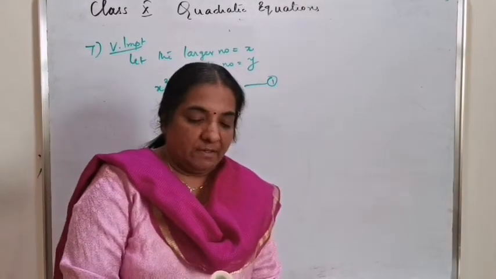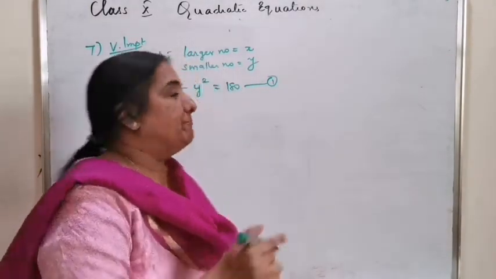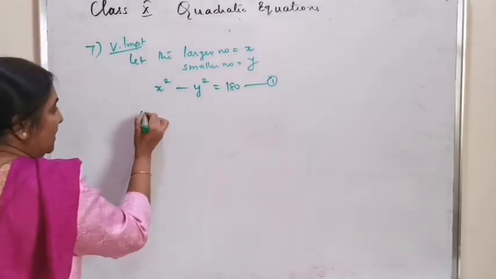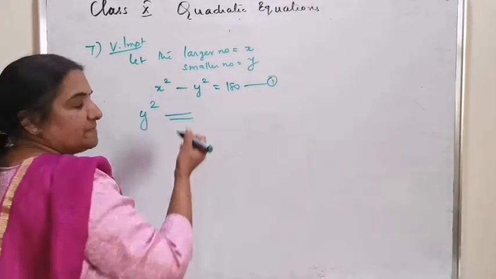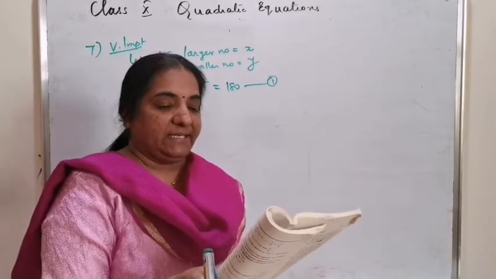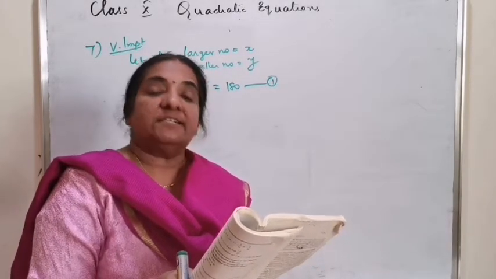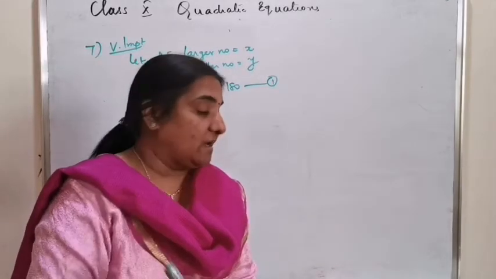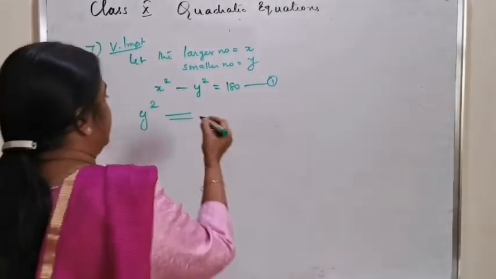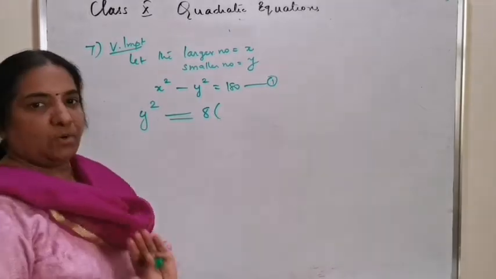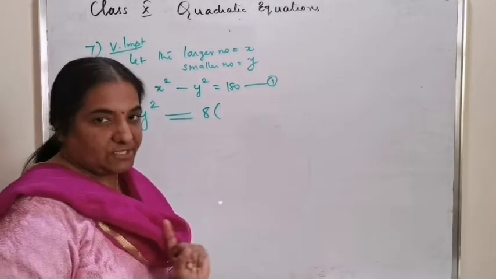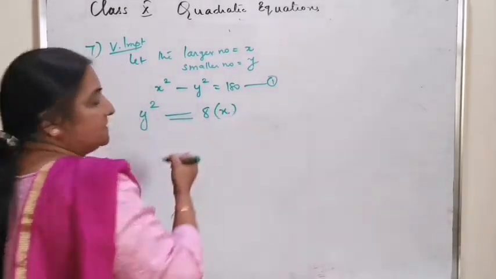Now, the square of the smaller number is, this will represent an equality sign, 8 times the larger number. They said only the larger number, they did not say square. 8 times larger number.